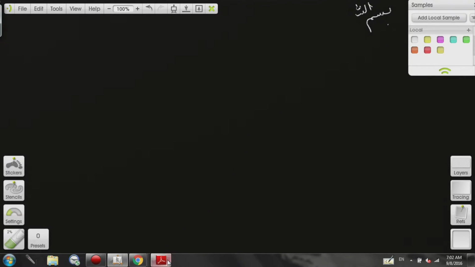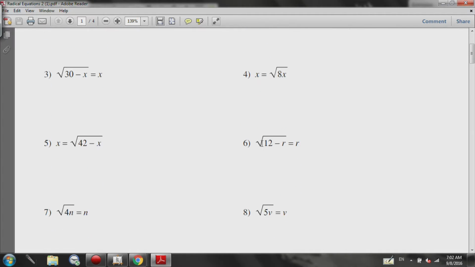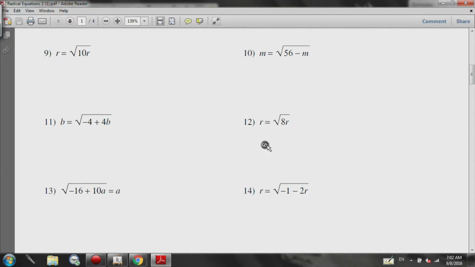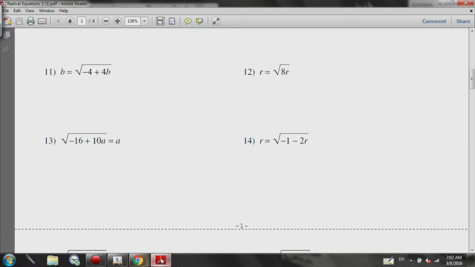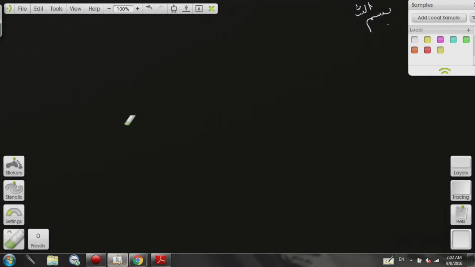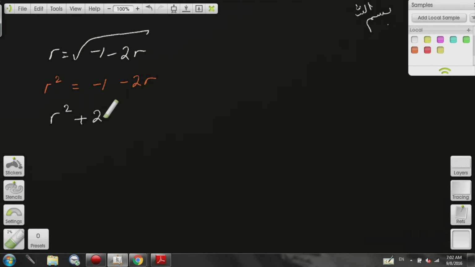I want to do one more question from here. Let's do this one: r equals the square root of negative 1 minus 2r. This seems easy enough, just like the previous one. I square both sides, and I get r squared equals negative 1 minus 2r. Working with our same principle from before, bring everything to this side: r squared plus 2r plus 1 equals 0.